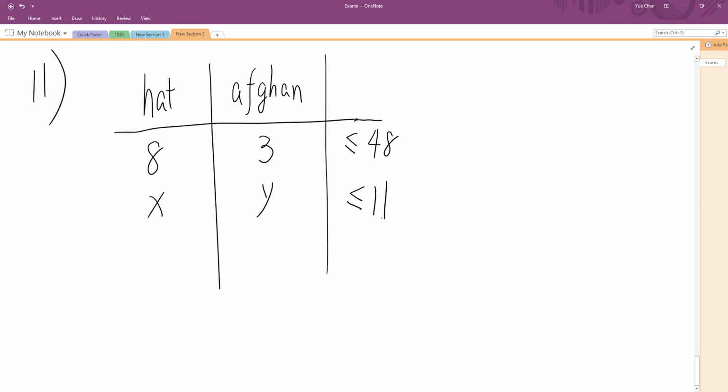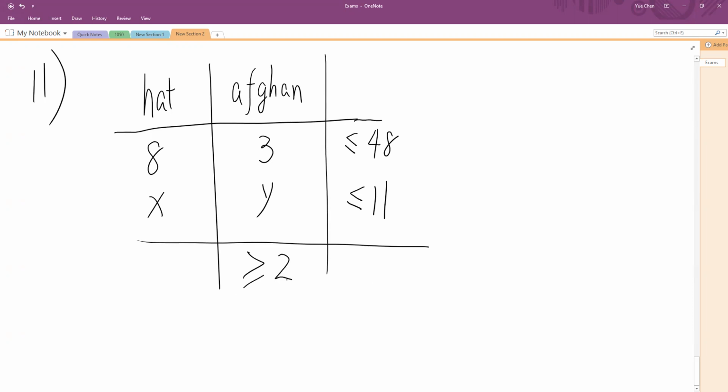Then we have another condition: she wants to make at least 2 Afghans. What's the meaning of at least 2? Greater than or equal to 2.